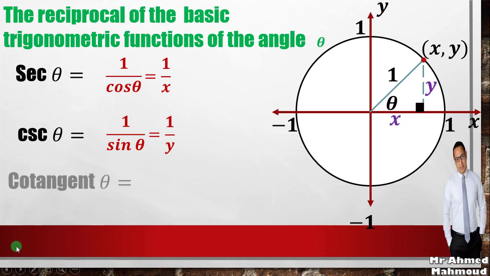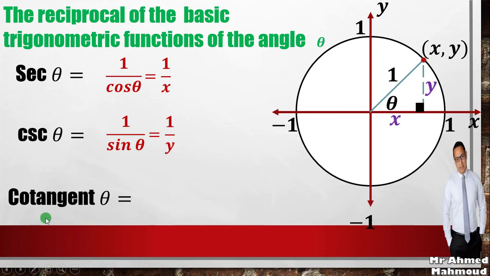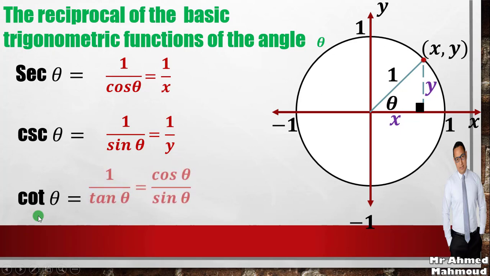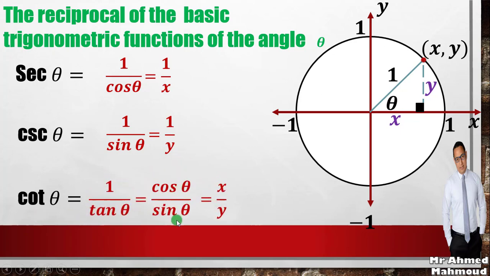Finally, cotangent theta, abbreviated as COT, read as cotan theta. Cotan theta is the multiplicative inverse, or the reciprocal, of tan. It will equal 1 over tan, and 1 over tan means cosine over sine, because tan equals sine over cosine.